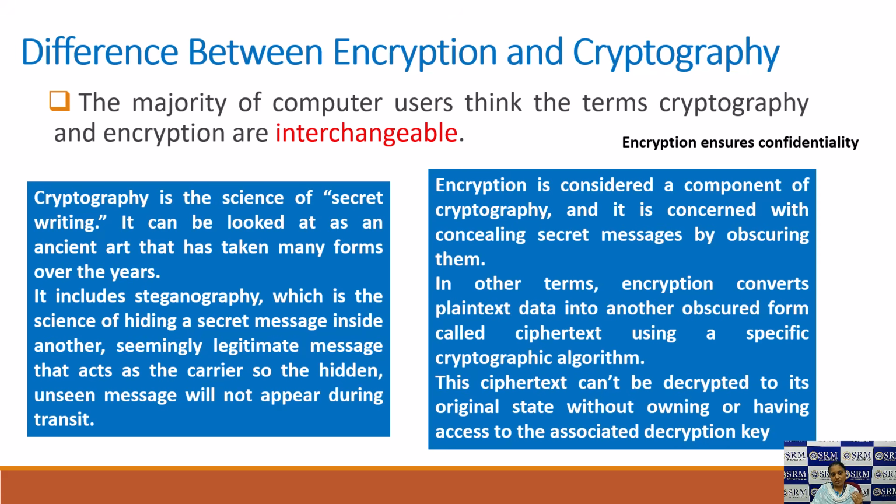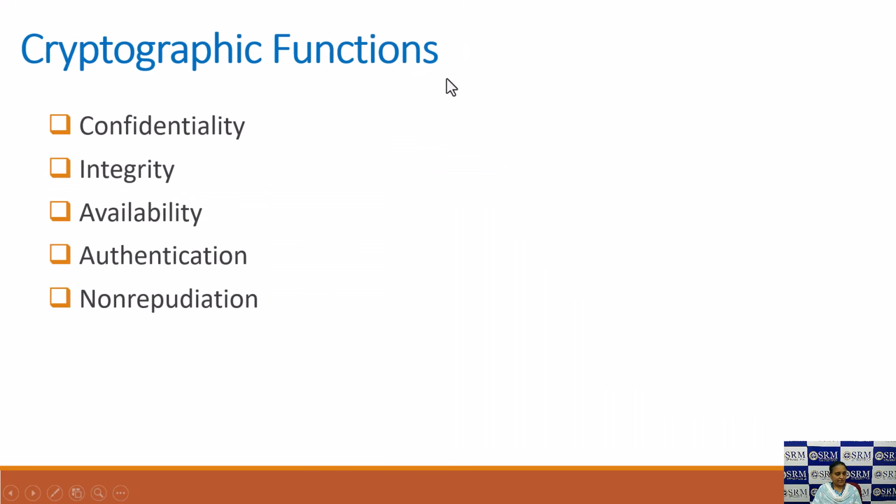Behind this encryption, some mathematical formulas or steps are involved. This ciphertext can't be decrypted to its original state without applying the mathematical formulas or the keys. Basically, we use an encryption key for encryption, and similarly for decryption, we have one more key. Based on these key types, there are different methods available for encryption. Let us see that in the next slide.